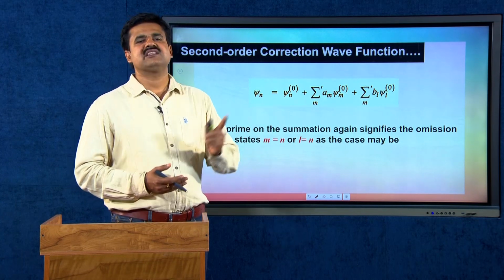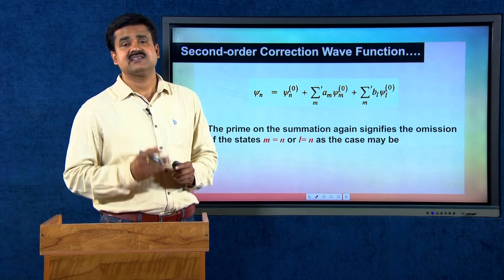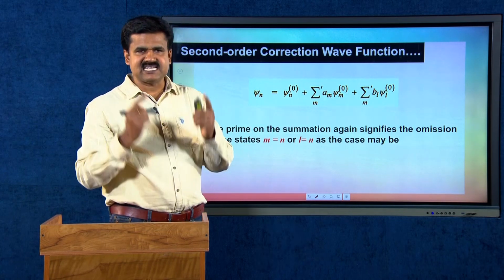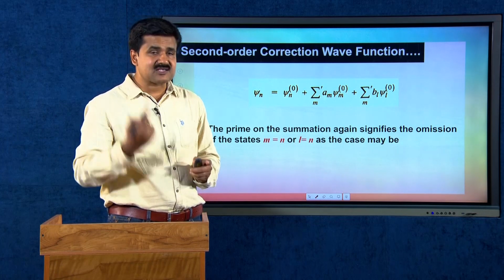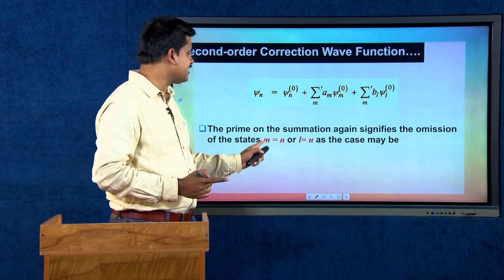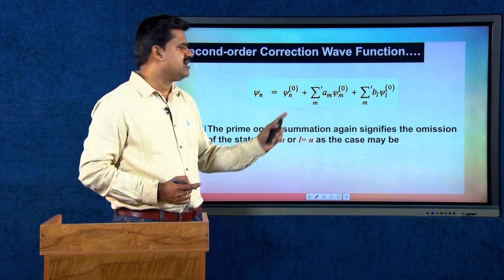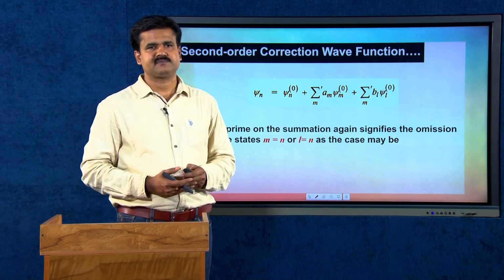The prime on the summation is again significant. Here there are two primes. That prime signifies the omission, the excluding, of the states where m is equal to n and l is equal to n, as the case may be.